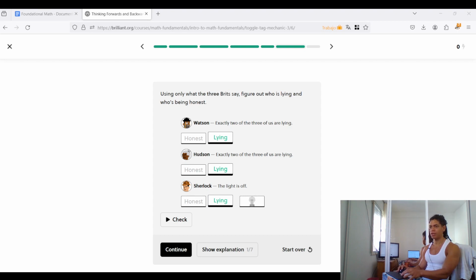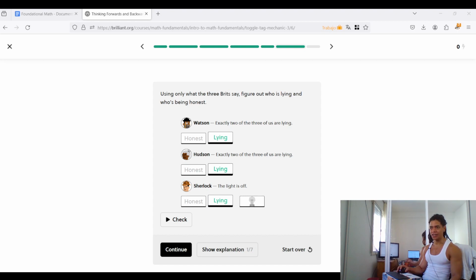Because for example, if Watson and Hudson both are saying the truth, then their statements are not true.